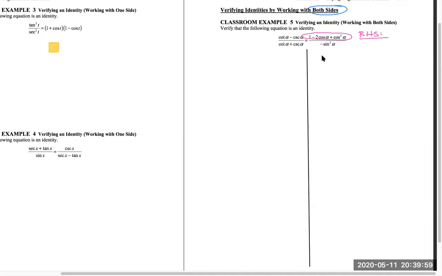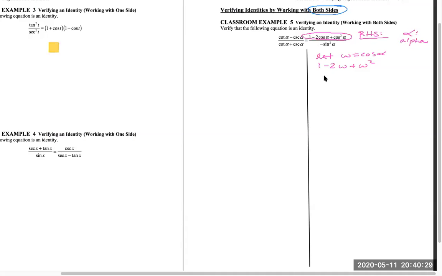You don't have to do this part; you could just factor it directly, but let W equal cosine alpha. By the way, this little sign here is an alpha, a lowercase Greek letter. If I let W equal cosine alpha, then what I get from this numerator is 1 minus 2W plus W squared.